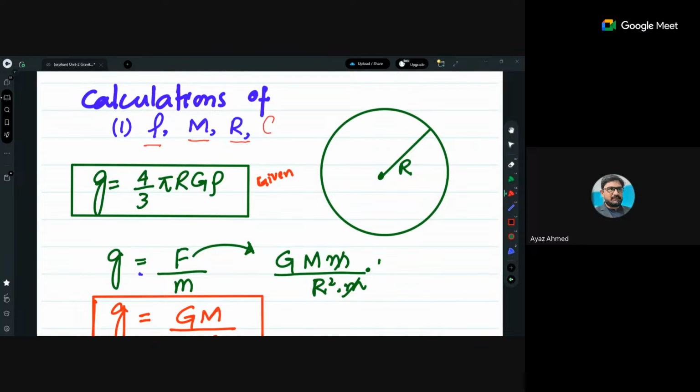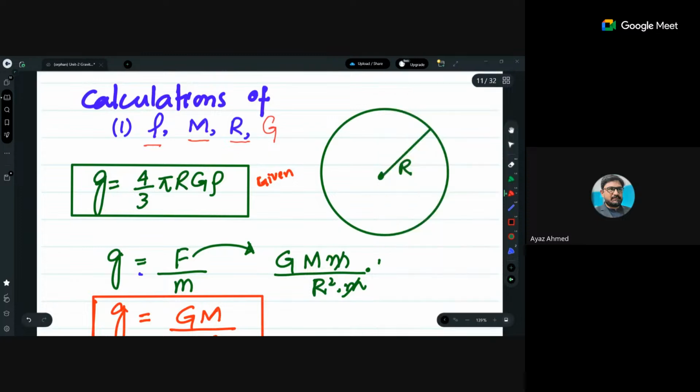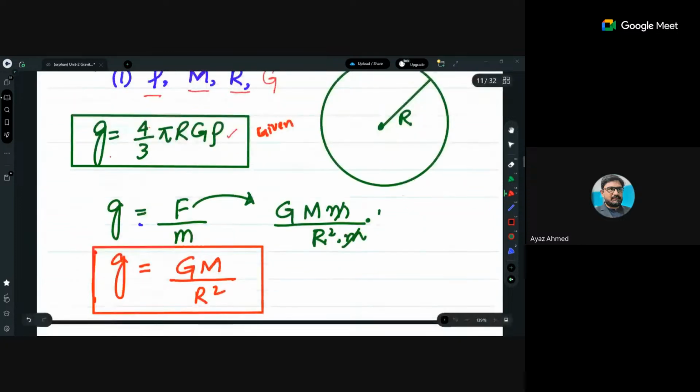Even the capital G, the universal gravitational constant, you can calculate. So just use this equation, g is equal to 4 by 3 pi G into r, and if you want to rearrange, g is equal to F divided by m. F is basically this all, and you will get the value.